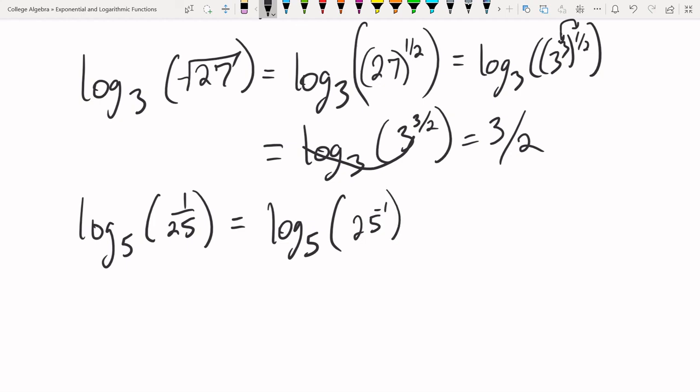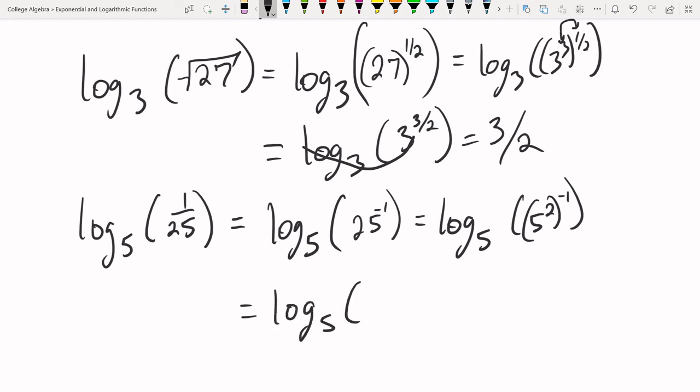That's what the negative does, it flips it. So if you want to undo a flip, just give it a -1 power. And we have 25 is 5 squared. Once again, we have a power to a power. So then we multiply the powers. 2 times -1 is -2. And now you see we can cancel those, giving us just the power -2.